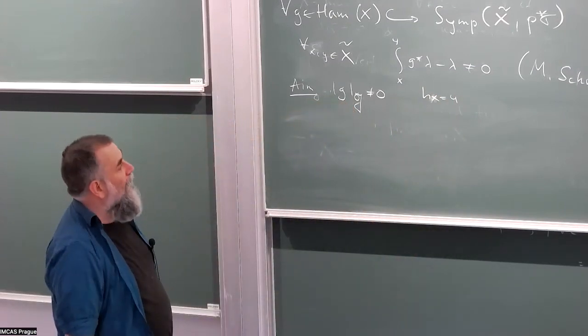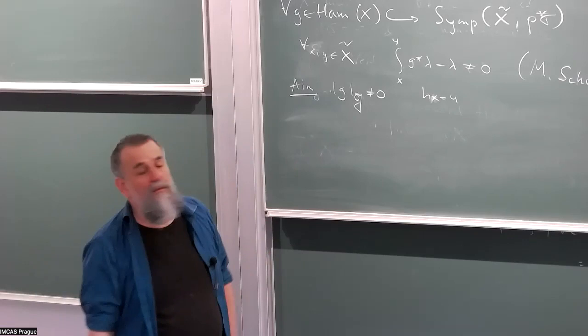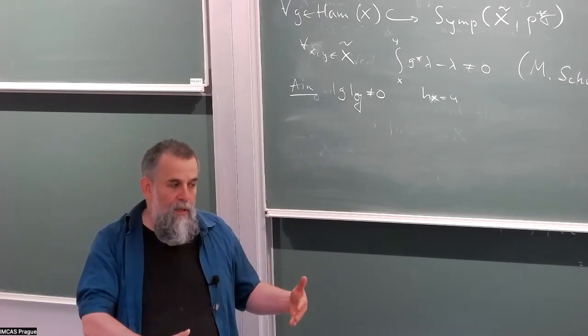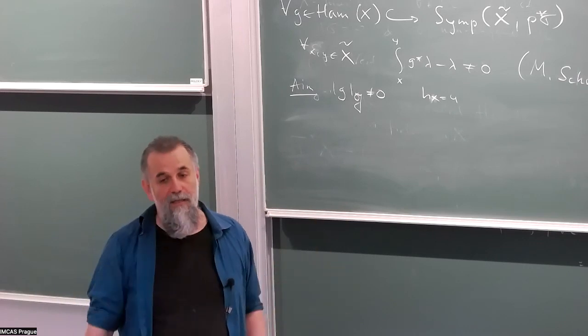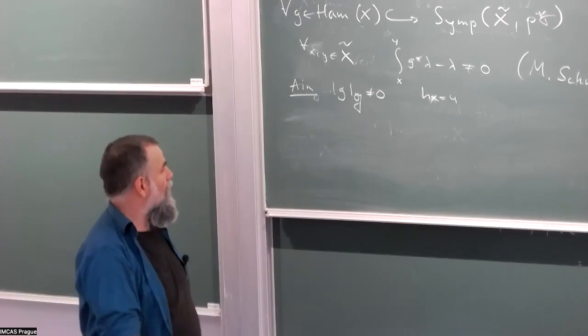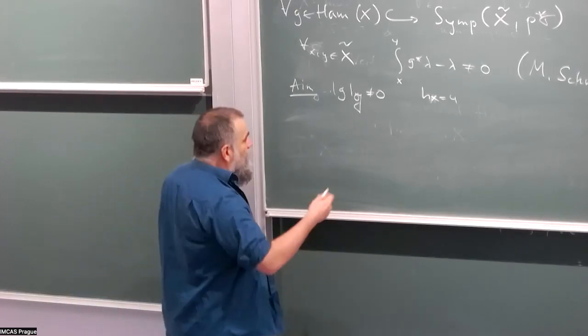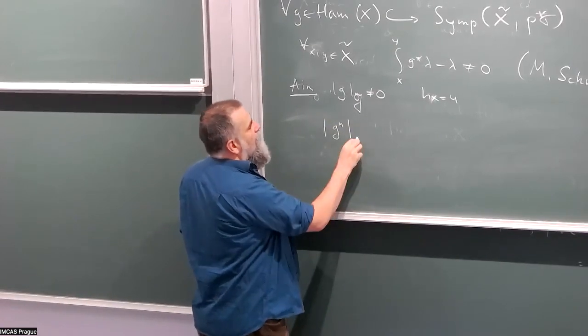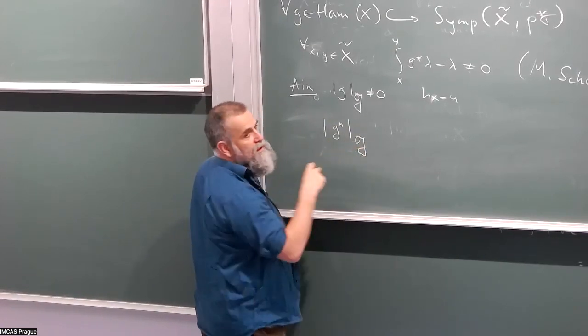Okay, and then if you compute this integral, you are done. Our G is exactly the thing from Matthias Schwarz. Moreover, you can prove that this thing grows linearly.